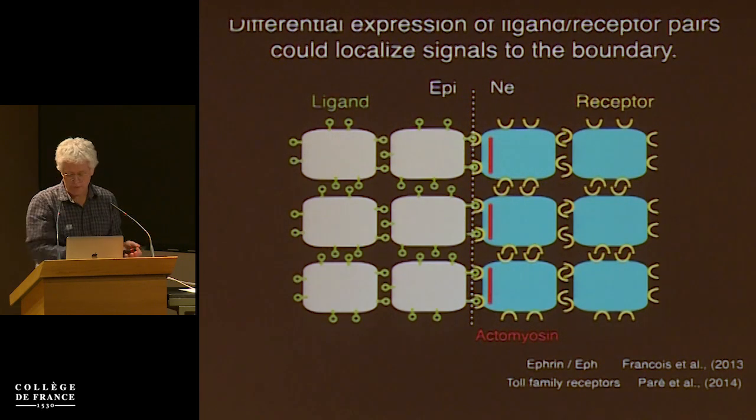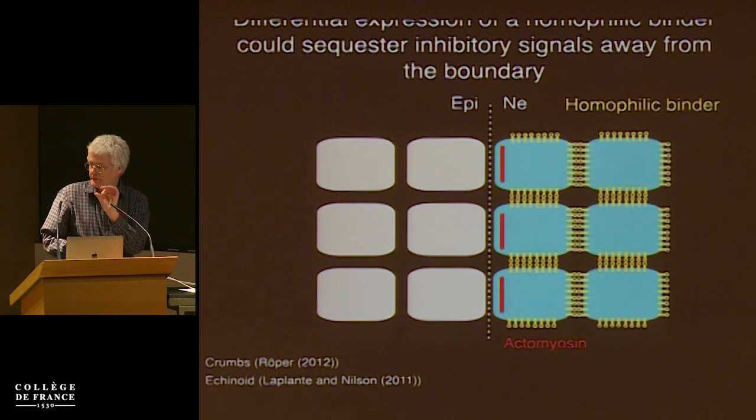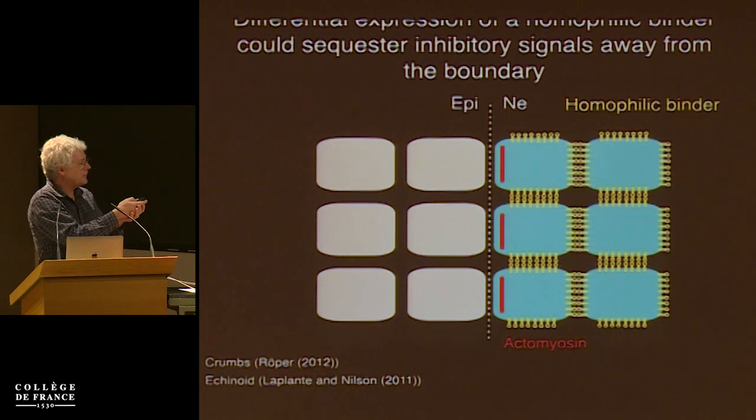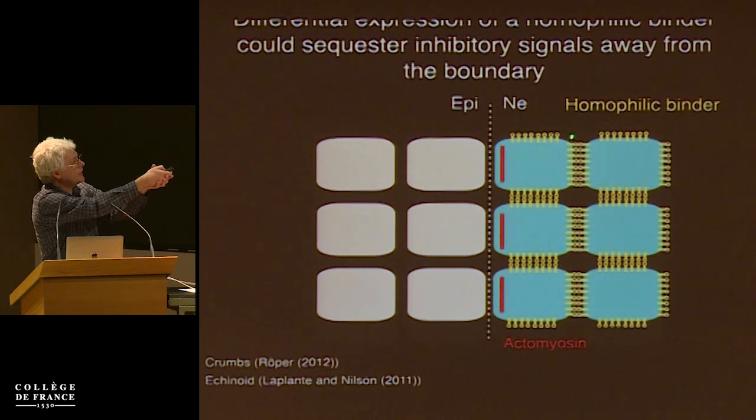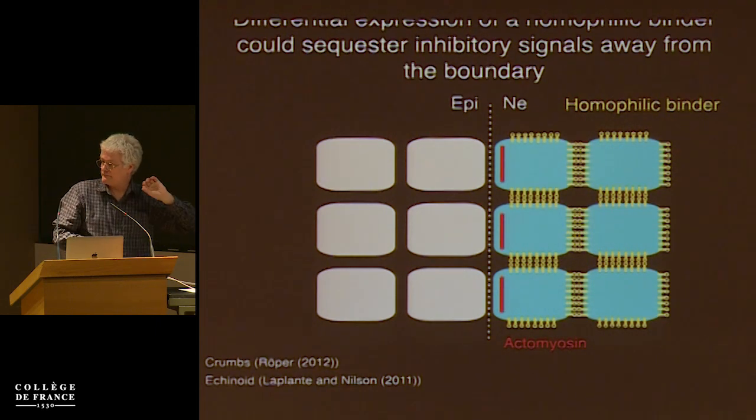So that's one way in which it could work. Another is that you could have homophilic binding proteins, such as adhesion proteins or other transmembrane homophilic binders, such that expressing those binders on one side of the boundary would lead to engagement only between expressing cells and not at this heterotypic boundary. And that could somehow direct activity to this boundary.